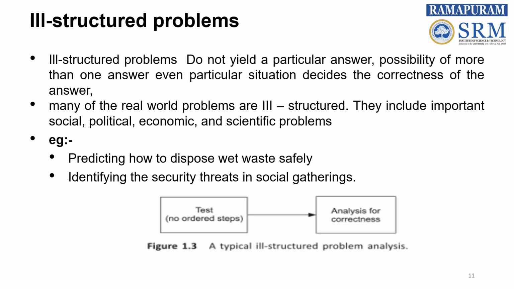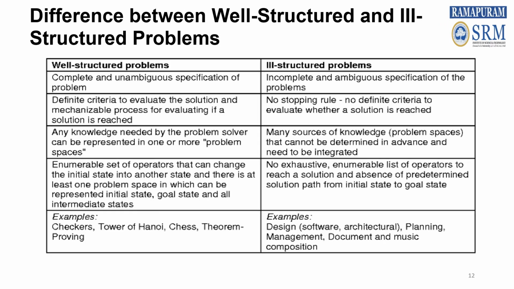Then the next one, the difference between well structured and ill structured. As I told you, well-structured problems are completely defined and unambiguous. There is no ambiguity here. Here it is incomplete and ambiguity will be there. There is a stopping criteria or evaluation criteria. Here there is no stopping criteria or evaluation criteria to reach a solution or to identify whether the solution is reached or not. Here knowledge is needed by the problem solver.